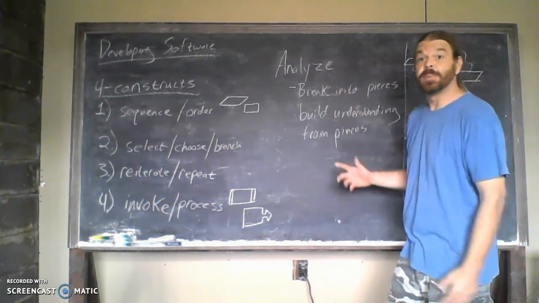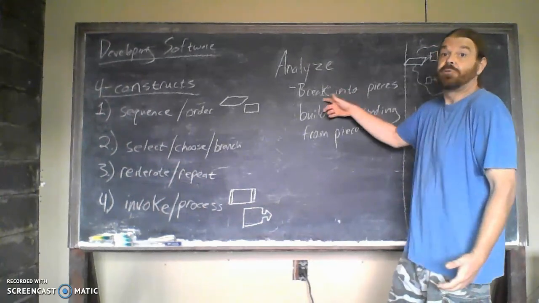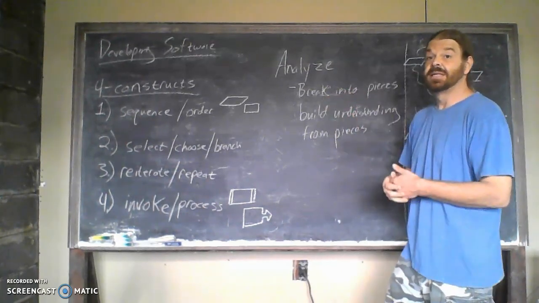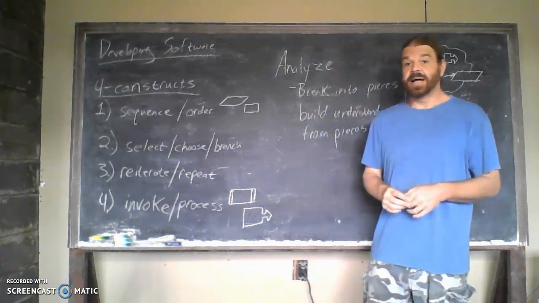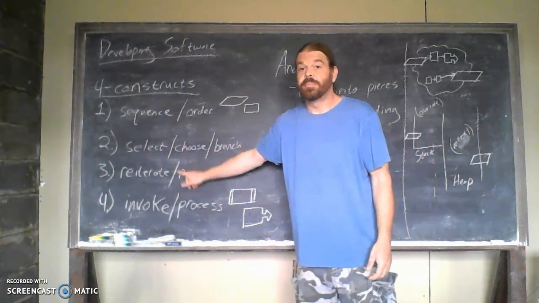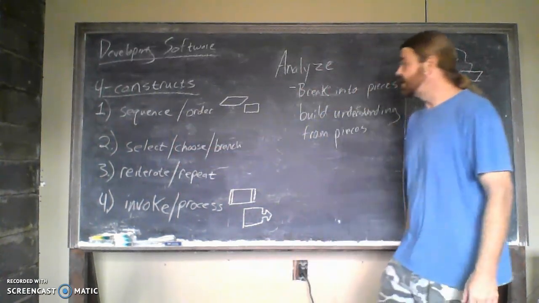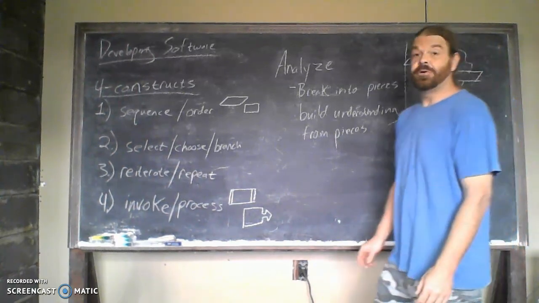So as you solve the problems for this week, they're complicated. Break them up into complex collections of simple problems, and then go with each problem one at a time. Each simple problem by itself, and keep the four constructs in mind, and focus on these things as we get into developing software.